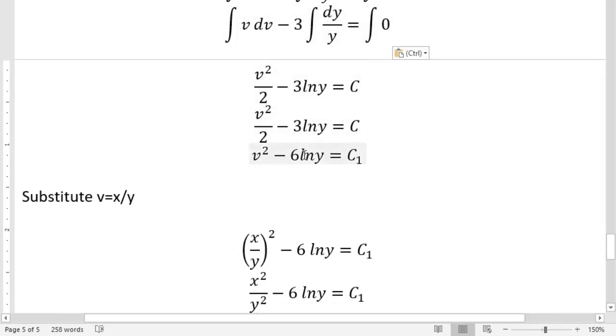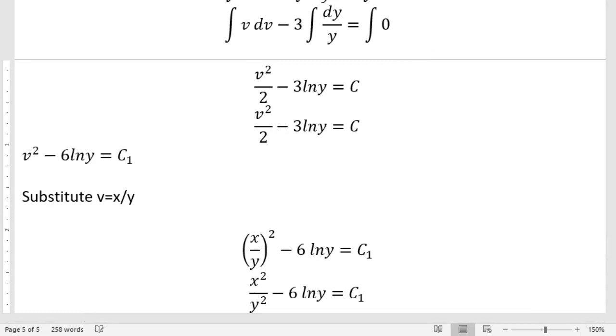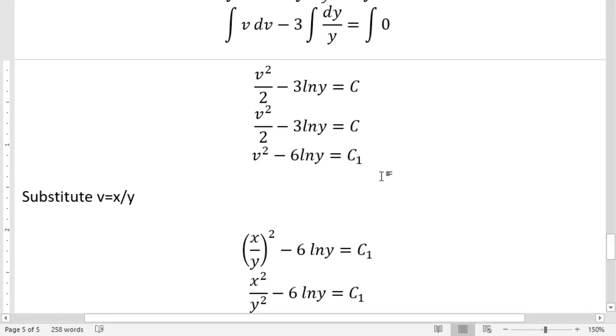So, multiply lang natin both sides by 2. 2 times c, magiging c1, such that c1 is equal to 2 times c, kasi nag-multiply tayo dito ng 2.